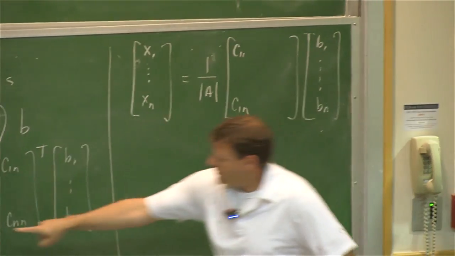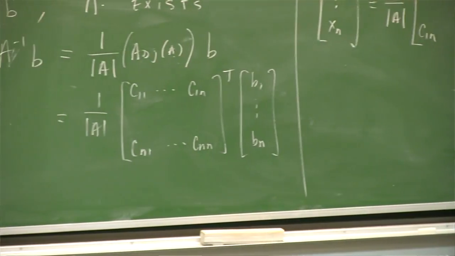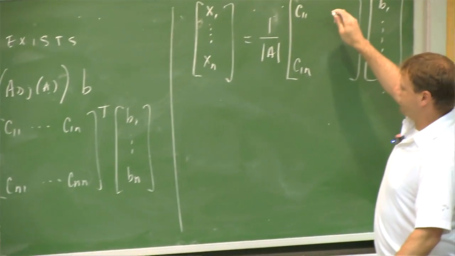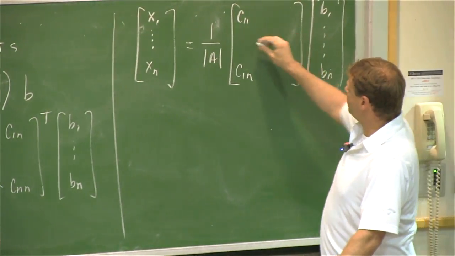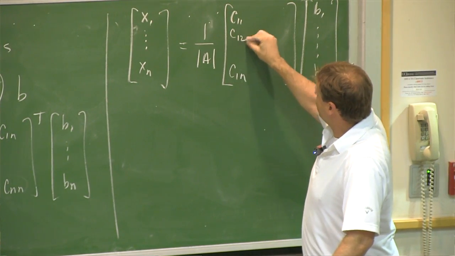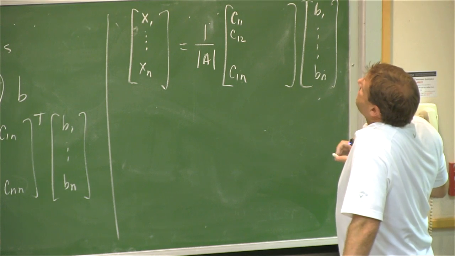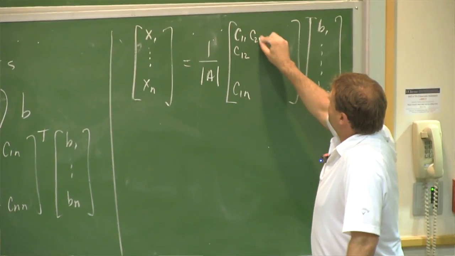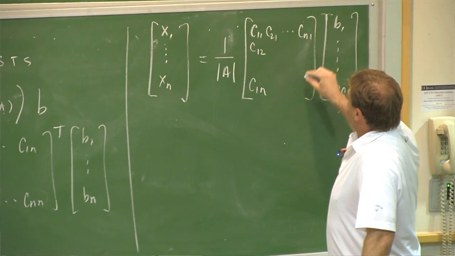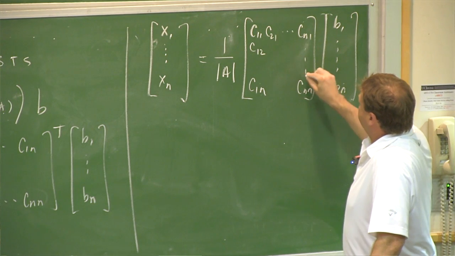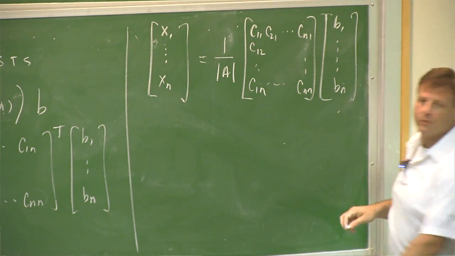That's different than this one, Cn1. And then this is C12. And then this is C21, Cn1, and this is Cnn. Okay, we're ready to go.